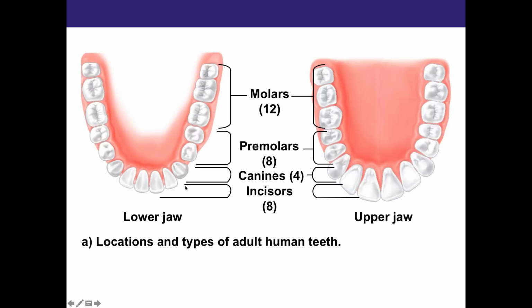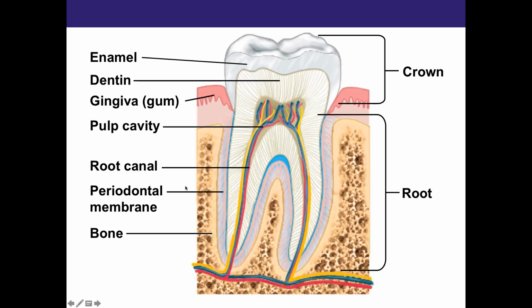All right, so we went through a little bit of this information. We talked about the teeth, and I told you guys about the enamel. Enamel is actually the hardest substance in your entire body. It contains the highest percentage of minerals, 96%.